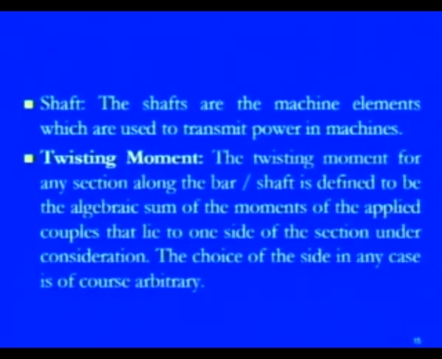Like the cantilever bar I showed you in the previous figure, with the couple acting, these twisting moments try to twist the bar or shaft, and distortion starts from there.